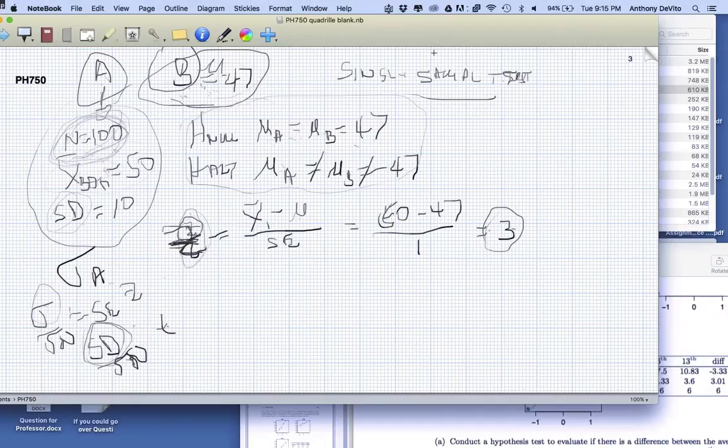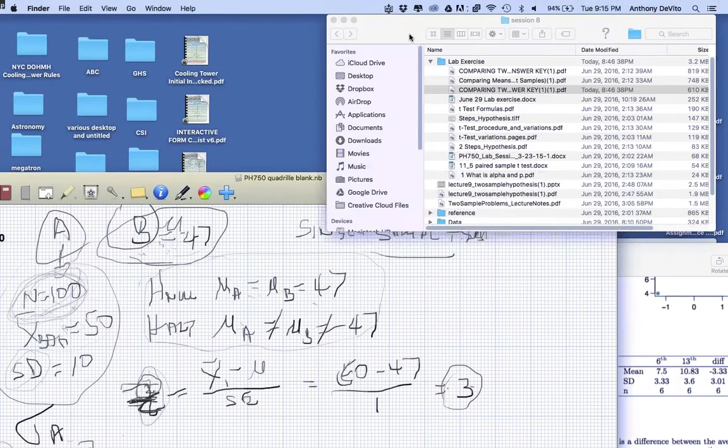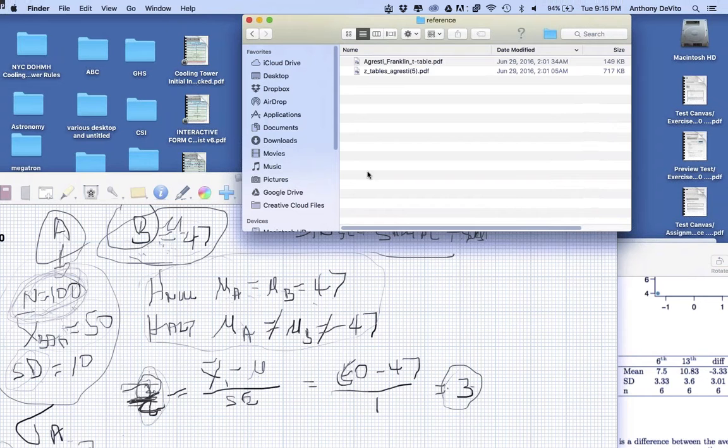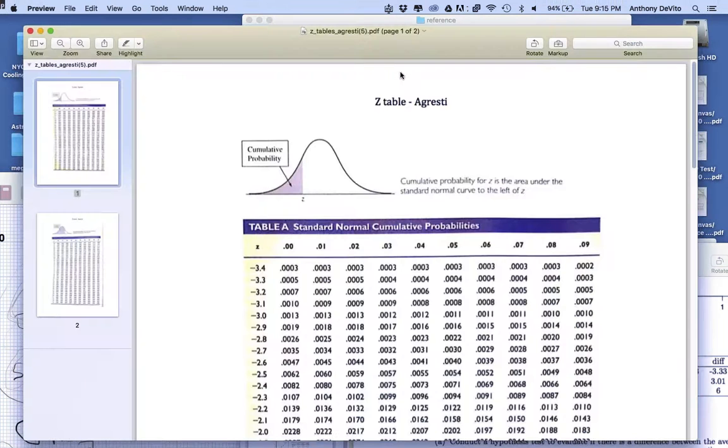So now if I go to my z-table, whoops, got to move that off of there so I can use this. If I go to my z-table, and I look for what's the probability of getting a z-score that's three standard deviations, z-score 3. Now remember, it's double-sided, so we're looking for the probability that we would get a value as big as a z-score of 3 or larger.